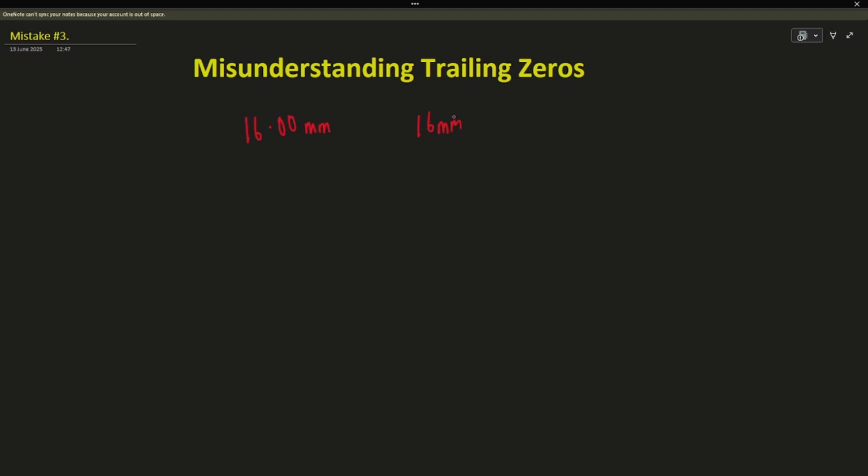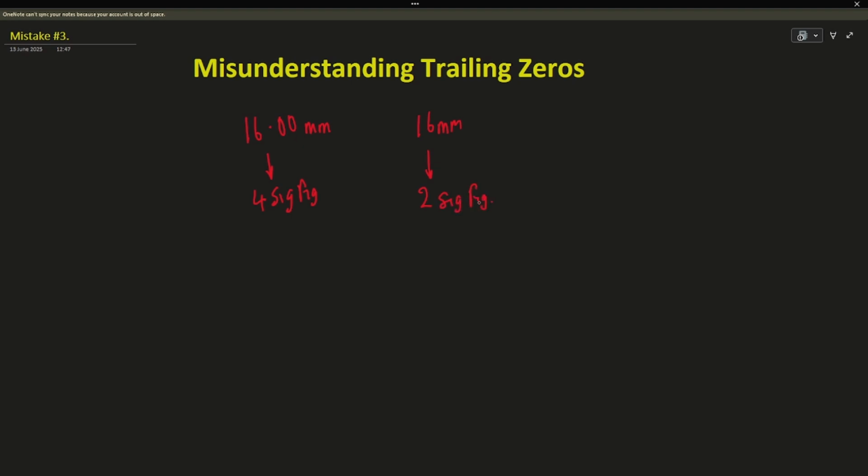What can you tell me about those values? 16.00 millimeter and 16 millimeter. Would you say both values are the same? No. Both values may look close numerically, but they don't mean the same thing in an engineering context. 16.00 has 4 significant figures, while 16 millimeter has 2 significant figures.